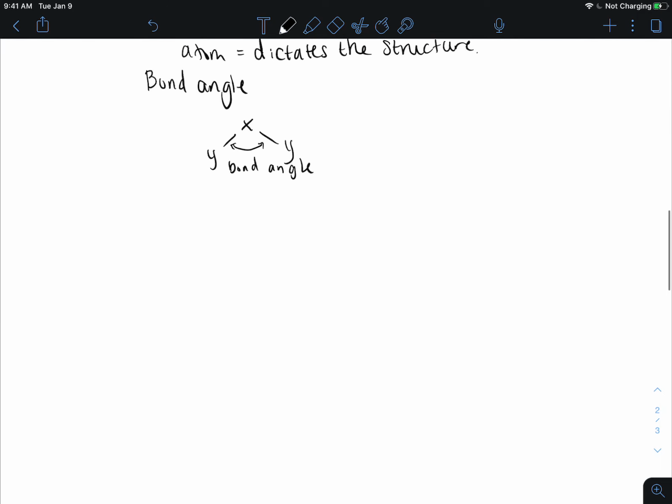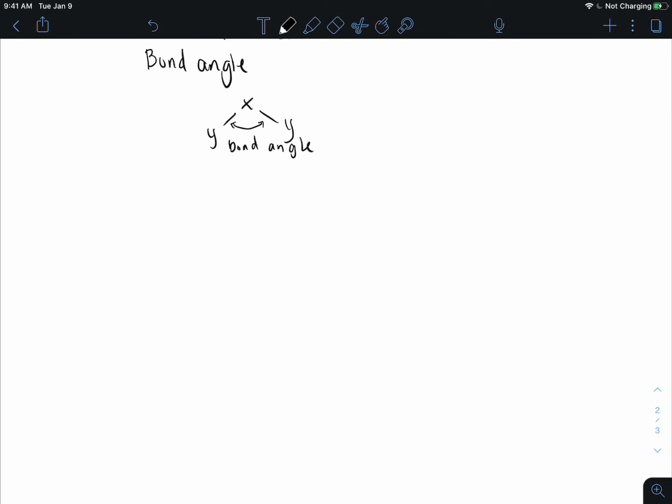So the first type of geometry that we look at with VSEPR is called electron domain geometry. And this is based on the number of electron domains.